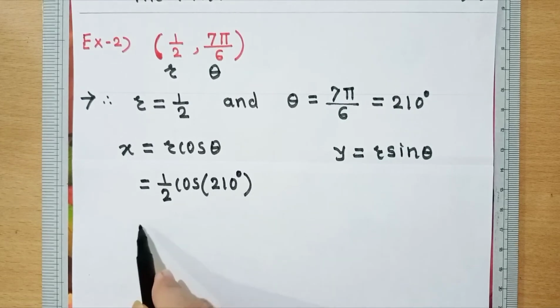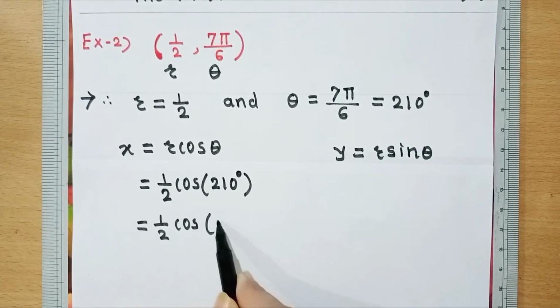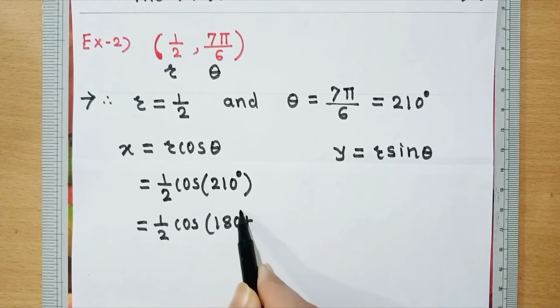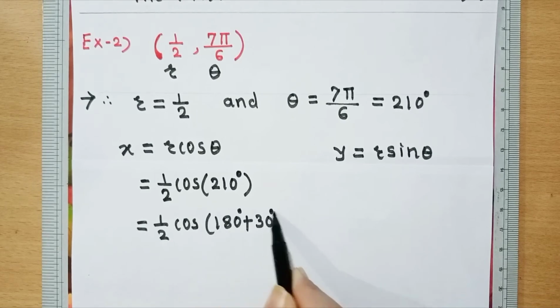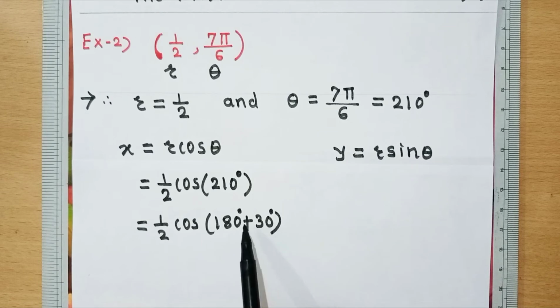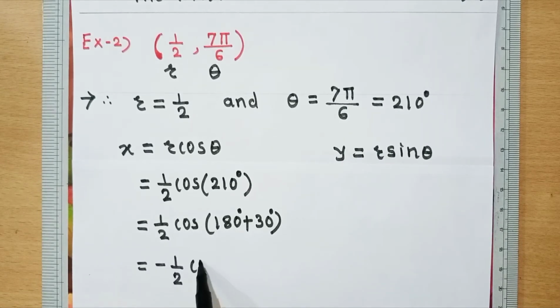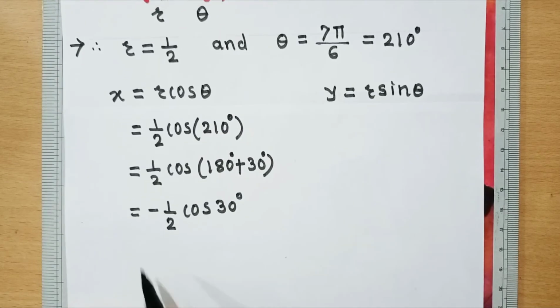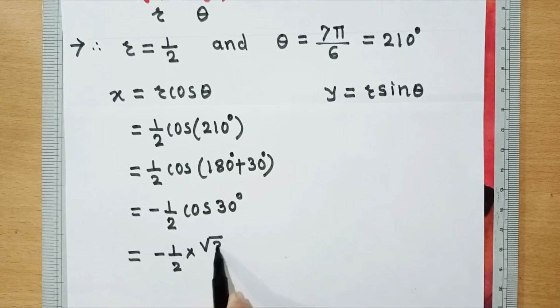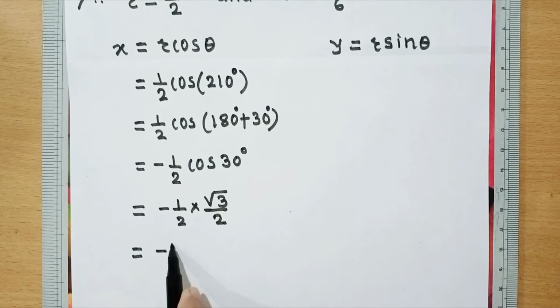Again we will split this angle as 180 degree plus 30 degree. 180 plus 30 means third quadrant, and in the third quadrant cos is negative. So this is equal to minus 1 upon 2 cos of 30 degree, and cos 30 is root 3 upon 2, and that is equal to minus root 3 upon 4.